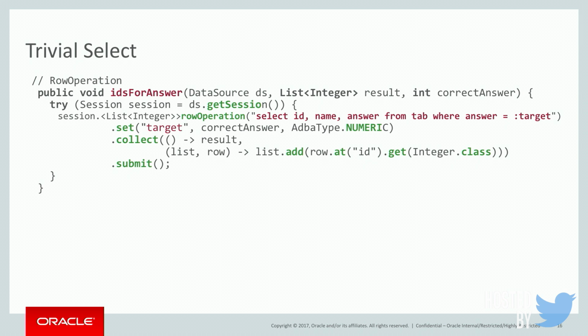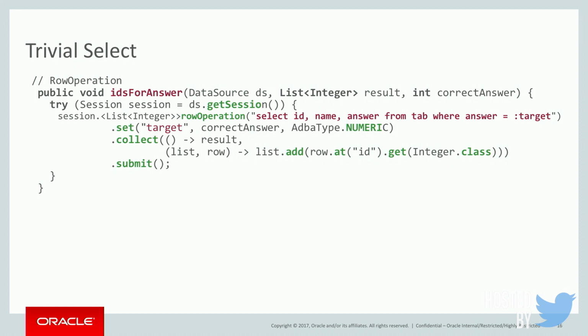So how do you process results? You collect them, right? Here we're going to use the collect method. This is a convenience method provided by the implementation, but under the cover, it translates into the usual Java collector. So here we give it a supplier, and then we give it the accumulator and an accumulation function.